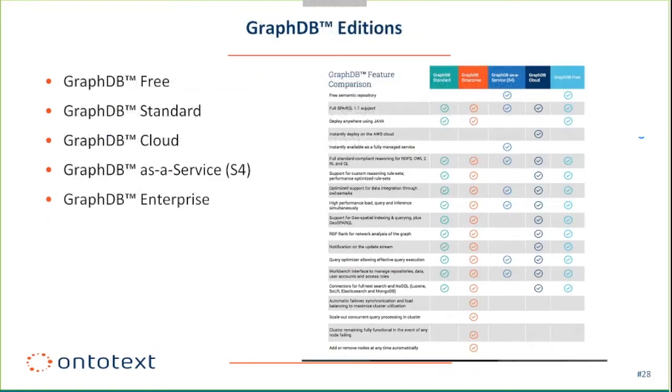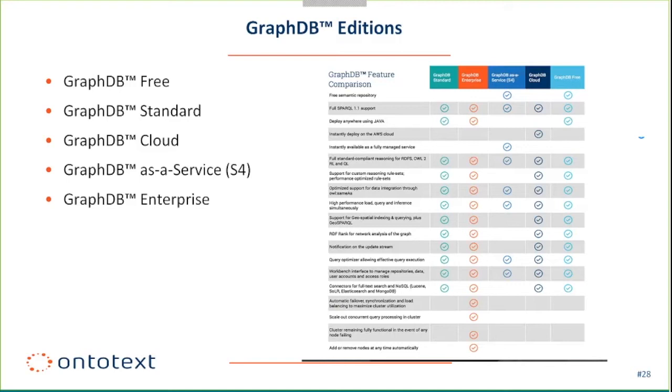Now, there are 5 editions of GraphDB. Those are GraphDB Free, Standard, Cloud, GraphDB as a Service, or S4, which we'll see in a few minutes. And then finally, GraphDB Enterprise. Briefly, the difference between GraphDB Free and Standard is that Free is restricted to only running 2 simultaneous queries at any given time.